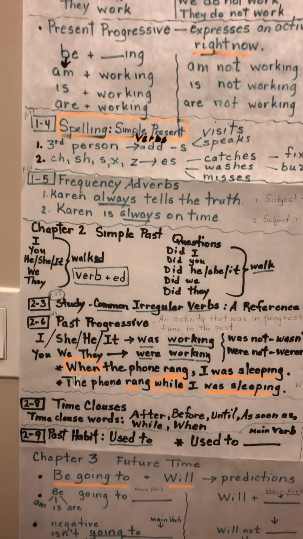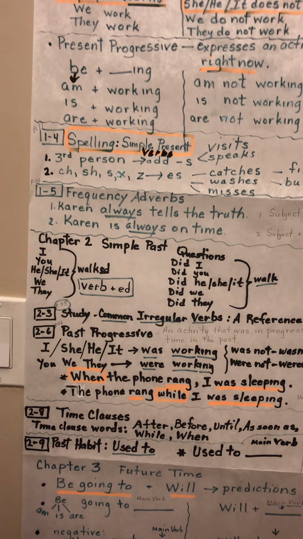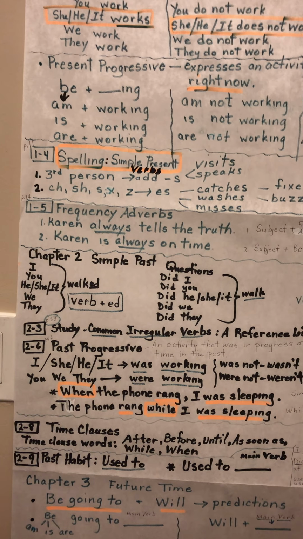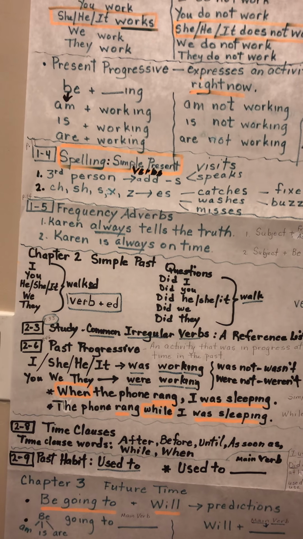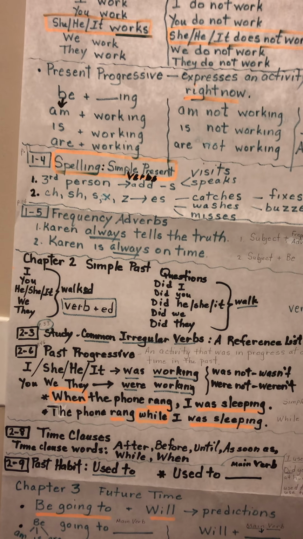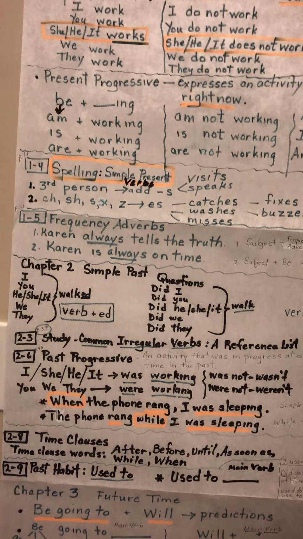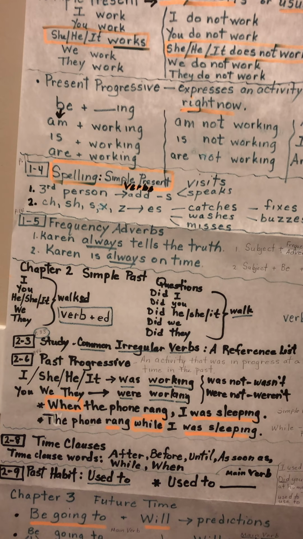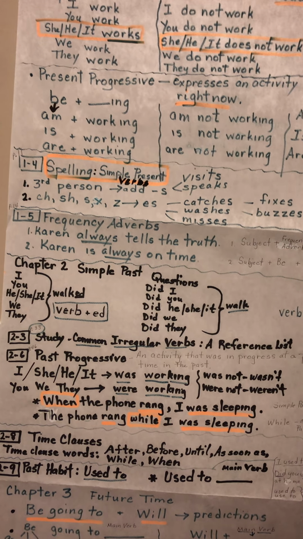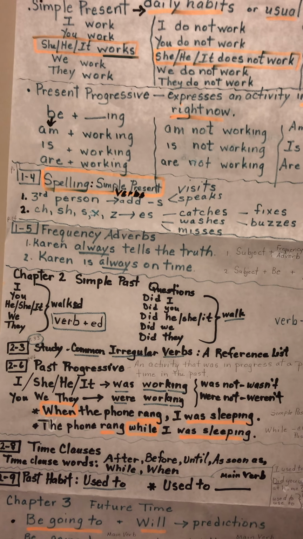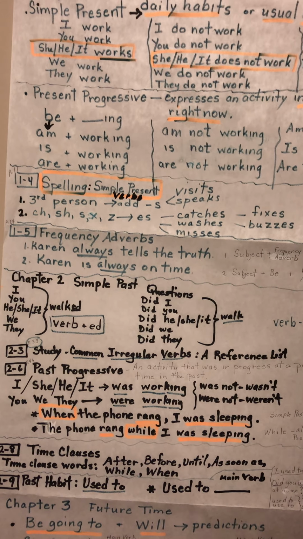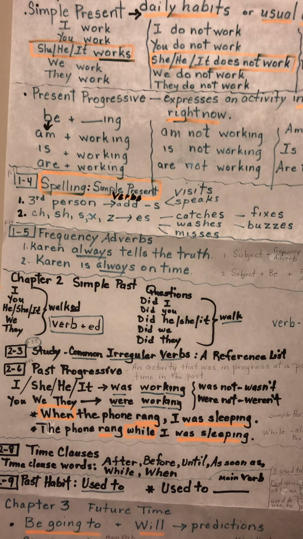In 1-5, we study frequency adverbs. There's several of them, but here I'm just going to focus on the frequency adverb always. I want you to notice the location. Look at the first sentence. Karen always tells the truth. So it's a subject, and then always, and then the verb.